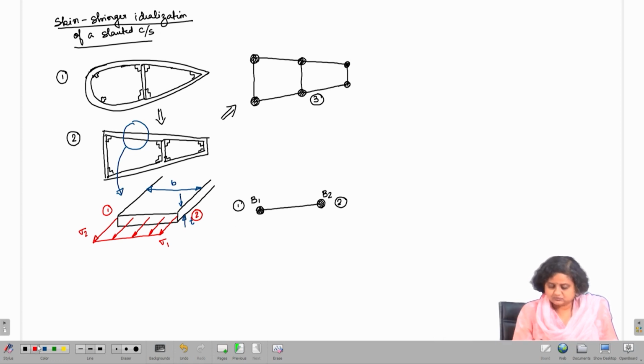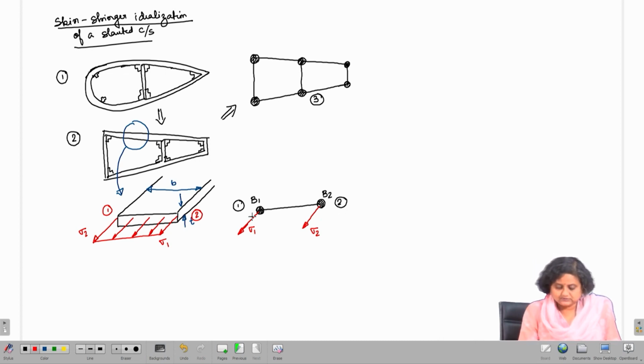So, there would be a concentrated stress which I can call sigma 1 bar, and I can call this sigma 2 bar, and now we have to equate this with sigma 1.